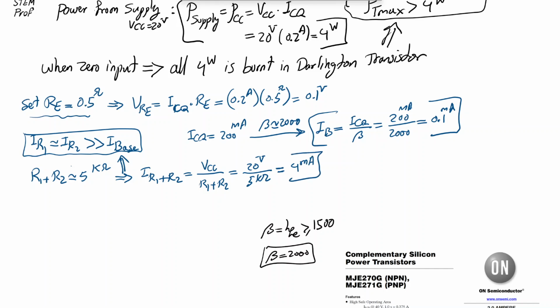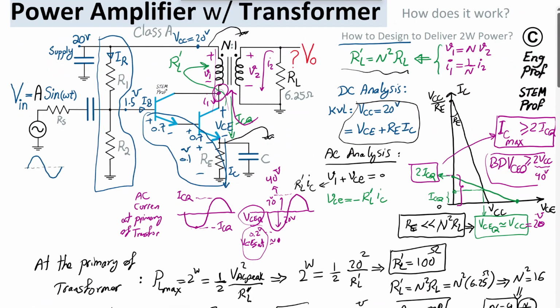There you go. So that current is 40 times I base. So we can assume this current is much larger than this. We are satisfying this requirement, basically. So that's what I wanted to say about that, which is a good thing. 4 milliamp here is the current.